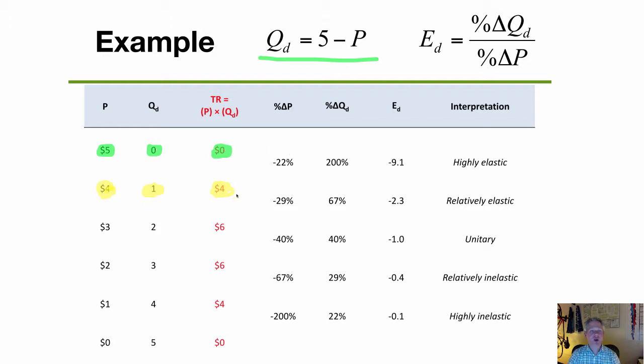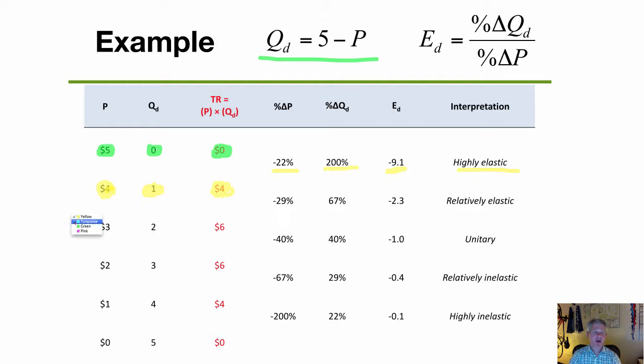The percent price change, going from $5 to $4, is 22%. The percent change in the quantity demanded is 200%. If we plug those into the elasticity of demand formula, we get negative 9.1, highly, highly elastic. For a $1 change in price, we got a huge change in the quantity demanded in terms of percentages.